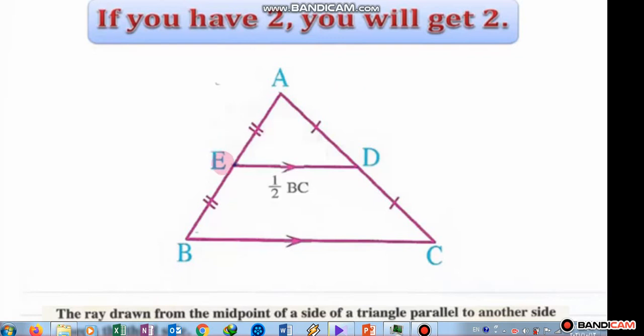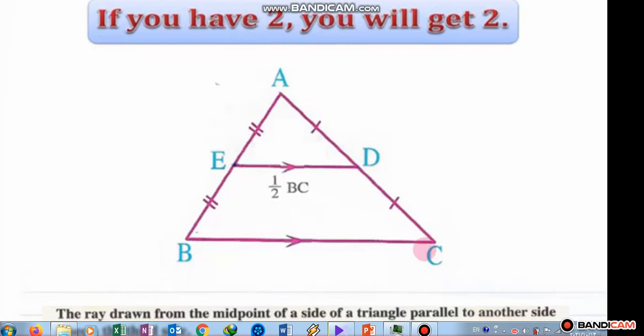In this triangle, E is the midpoint of line segment AB, and ED is parallel to BC. So we can deduce D is the midpoint of AC.